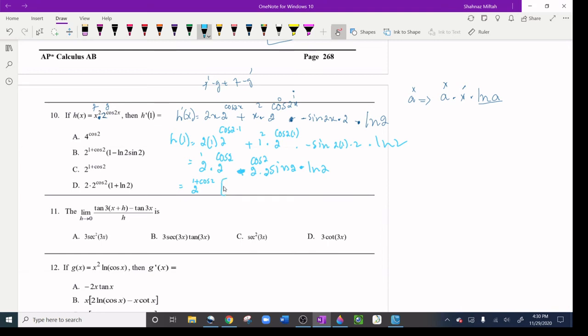Then I'm left with 2 times 1 minus ln 2 moved to the front, times 2 sine 2. So this is what I got for the answer, and since I don't have a quotient, that's my answer, and it looks like it's B.